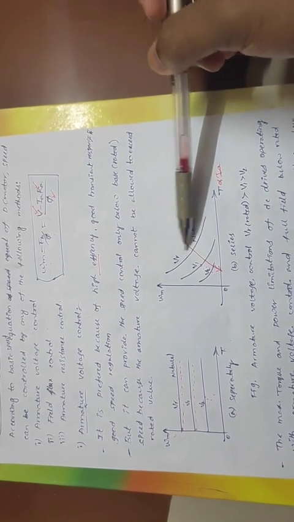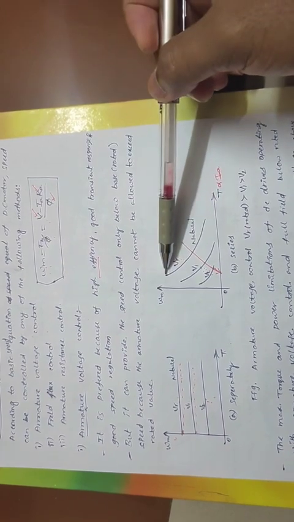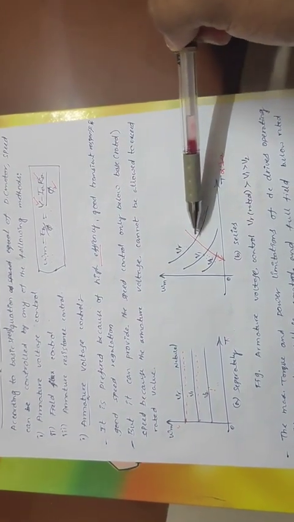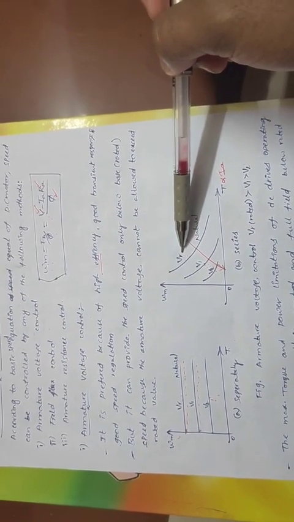In a similar way, the speed torque characteristics of the series motor are shown in this figure. Natural speed torque characteristics are like this, which are with the rated voltage. When you are decreasing the voltage, VR is greater than V1 and V1 is greater than V2.